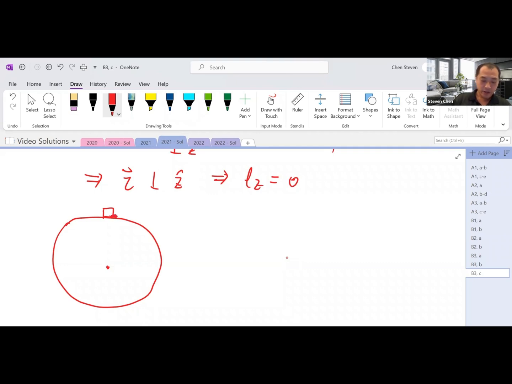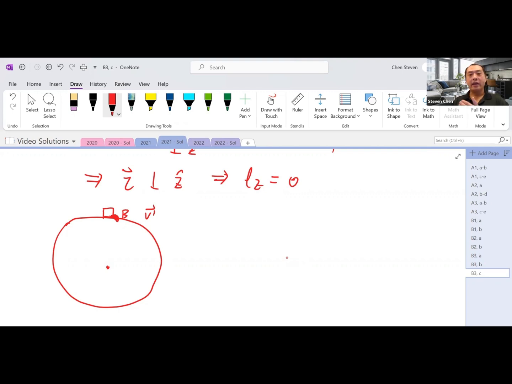You hit the cylinder somewhere here, and let me say the hitting point is called B. And let me assume that when it hits the cylinder, the velocity is called B prime. So let's write down the equation following from the conservation of the z component of angular momentum.